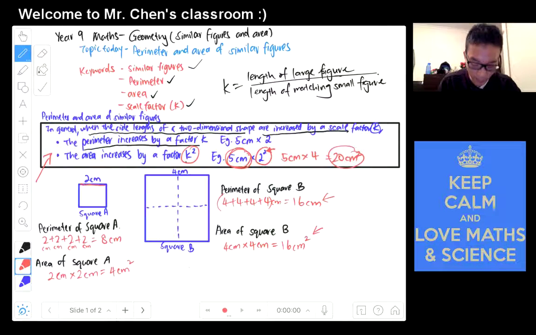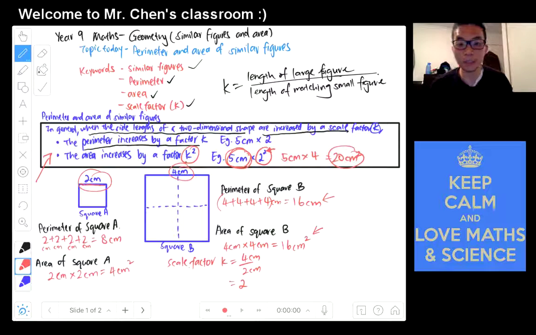So let's find out the scale factor. The scale factor K is equal to the side of the large one compared to the small one. So always do the large one first, and it will give me 2, which means square B is twice as big as square A.